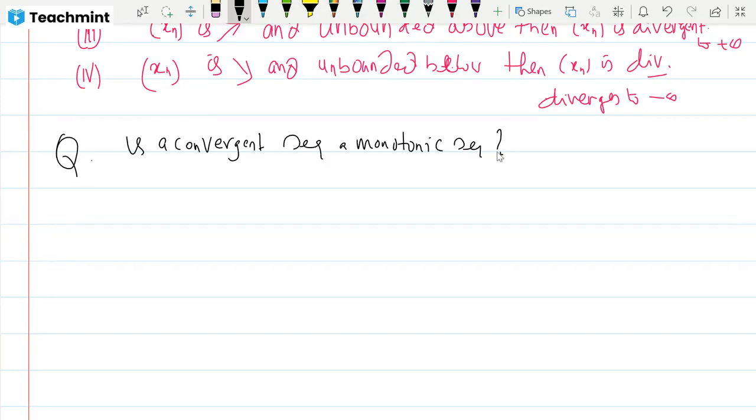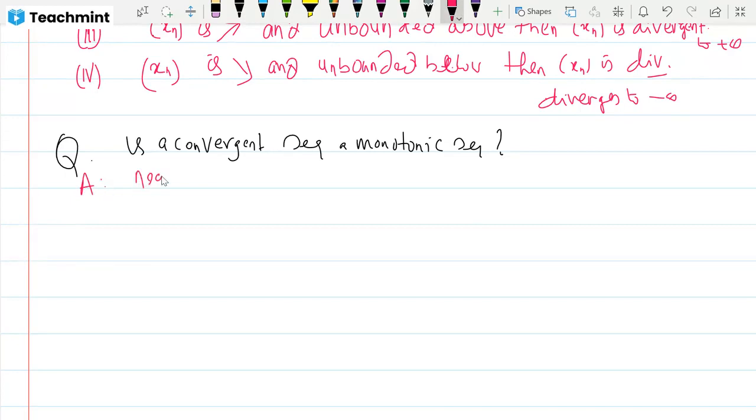If it is monotonic and bounded, then it is convergent. Now I am asking conversely: convergent, then it is bounded, it is obvious, we have proved it. But now what I am asking you is, is a convergent sequence a monotonic sequence or not? The answer for this question is negative.